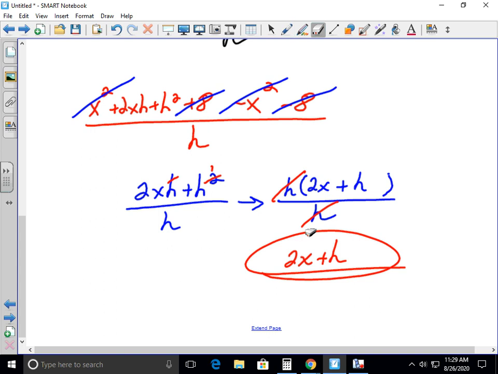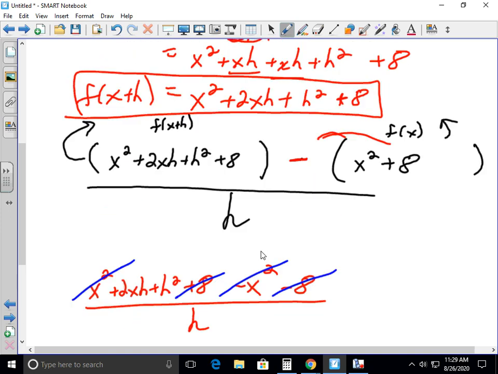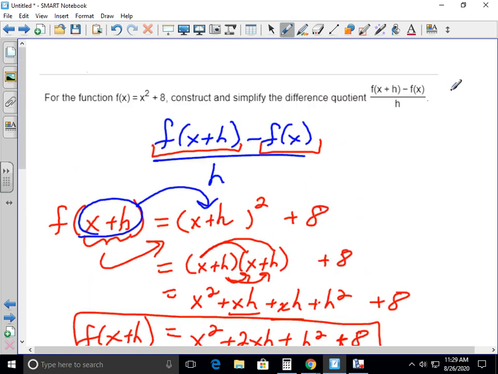Right now, we don't really know what that means probably. But in the future, that is going to actually represent something really important. Right now, we just need to know how we compute that, how we simplify this expression when we're given the function f. So every function is going to have its own difference quotient.